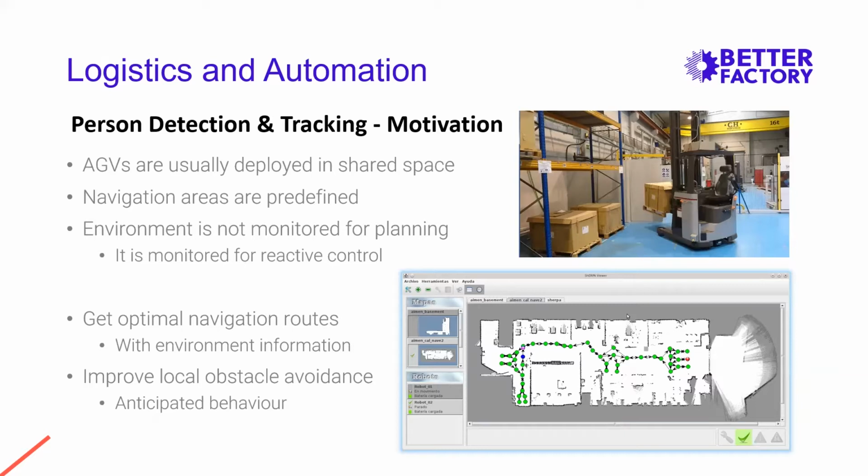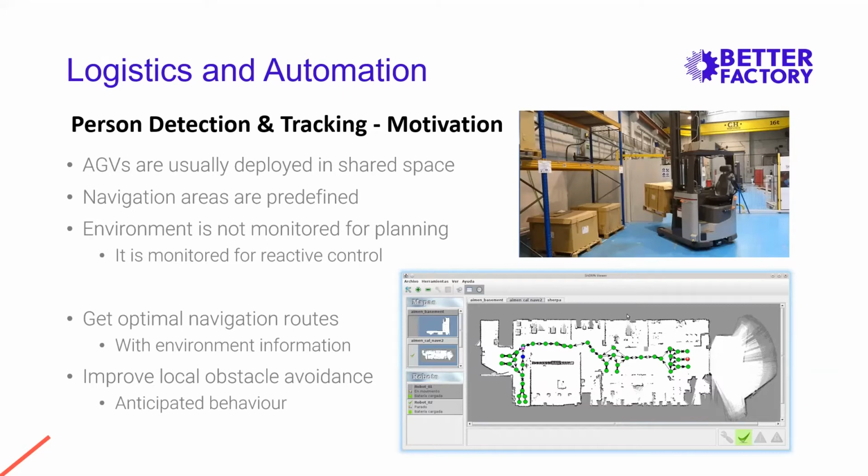So the idea is to get optimal navigation roads using real-time environment information. We are talking about path planning for the AGVs, not material movement in this case.